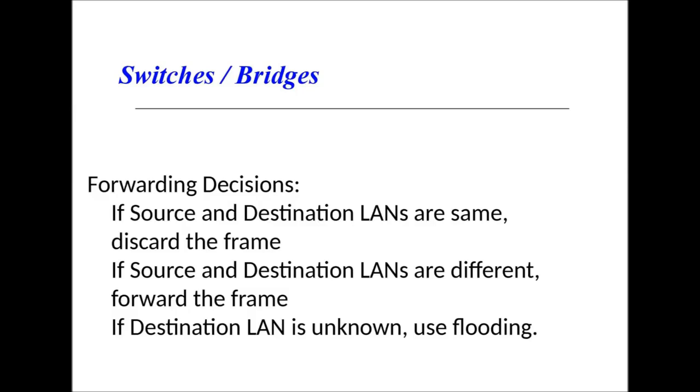The switch will learn the MAC address of the sending device as well as the receiving device, and these addresses are saved in a specific table which we have discussed, the MAC address table, which is kept by the switch.